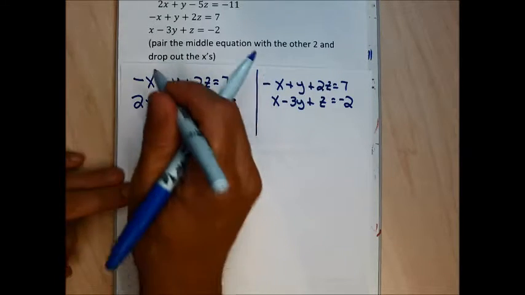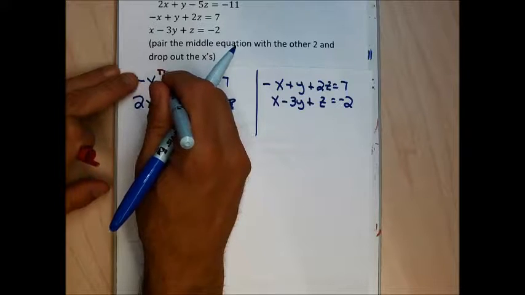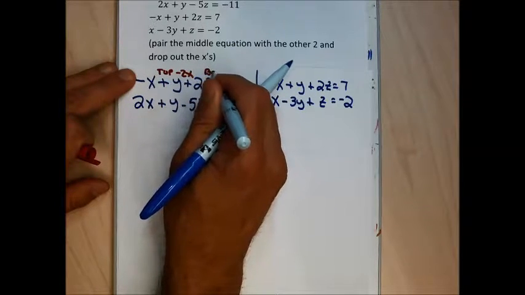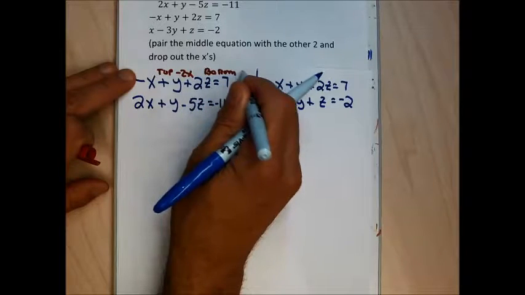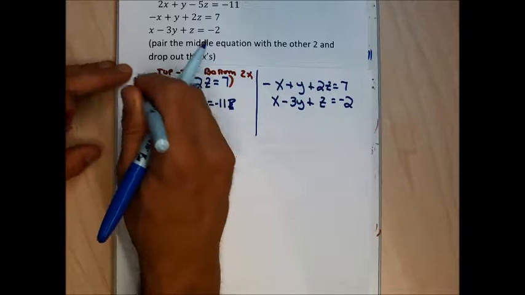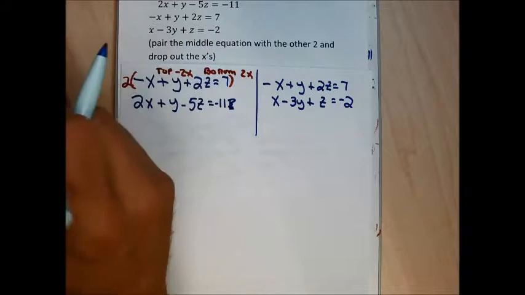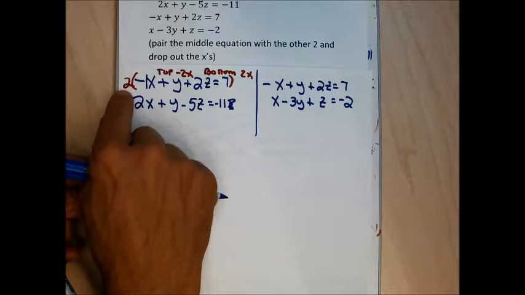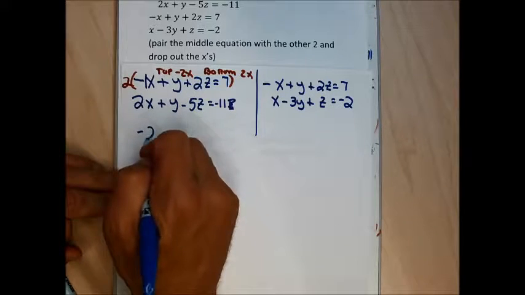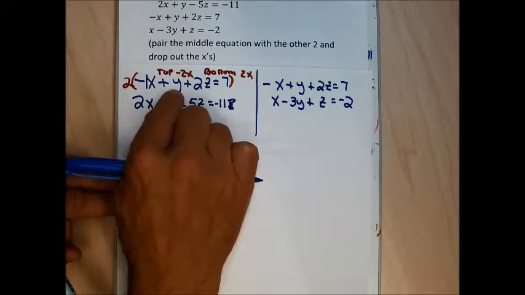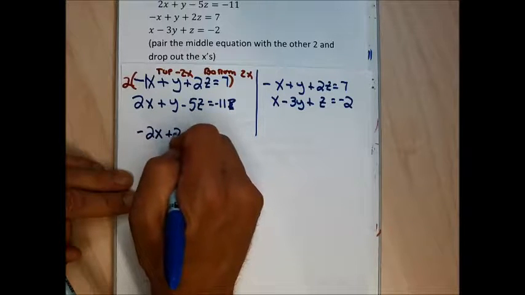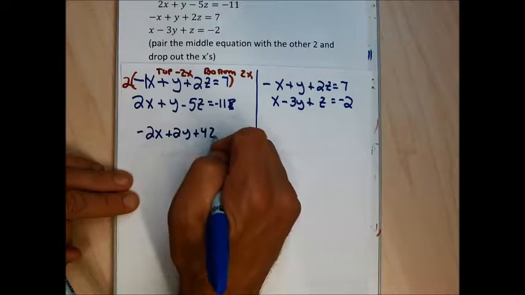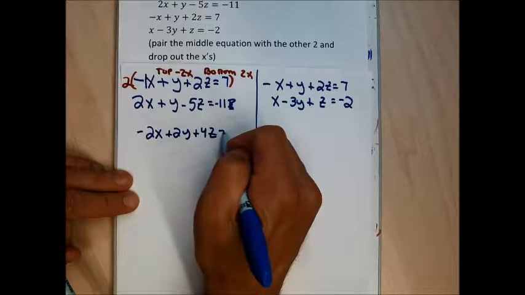To drop out the x's here, I'm going to make the top have a negative 2x, and I'm going to leave the bottom with a positive 2x. To make the top have that negative 2x, I'm going to multiply it by 2. Because when I do this multiplication, I'm going to get 2 times negative 1x is the negative 2x that I need. 2 times y is positive 2y. 2 times 2z is positive 4z. 2 times 7 is positive 14.